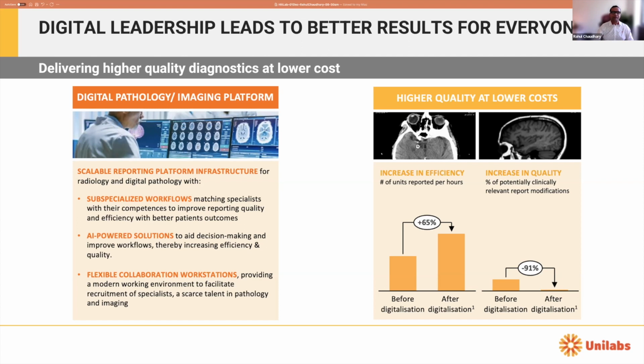And then you have these flexible working environments for doctors who can report remotely and work according to their work hours, right? So more flexibility in terms of reporting. What you also see is with increasing efficiency and increase in quality, you actually have higher quality with lower costs. So that affects the ecosystem again in a positive way. And we have live examples of doing that in Europe.